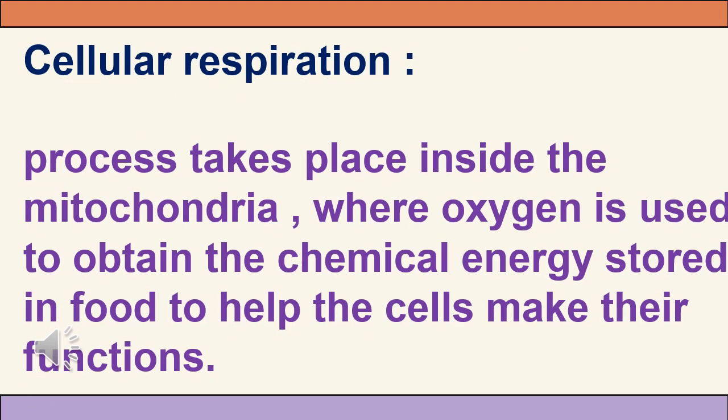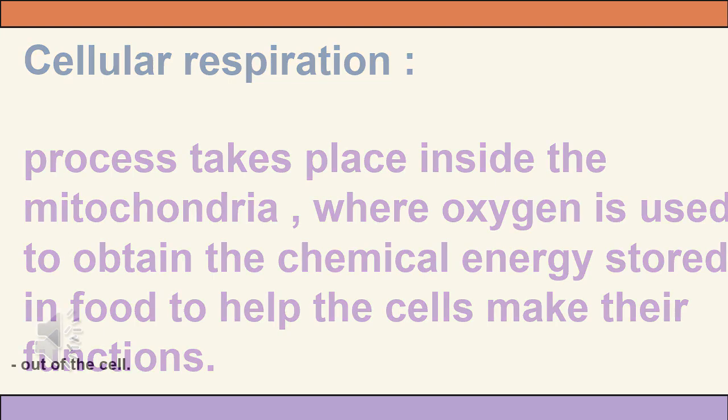Can anyone tell me what's the meaning of cellular respiration? Think more. Super! The cellular respiration is a process which takes place inside the mitochondria, where oxygen is used to obtain the chemical energy stored in the food to help the cells to make their functions.